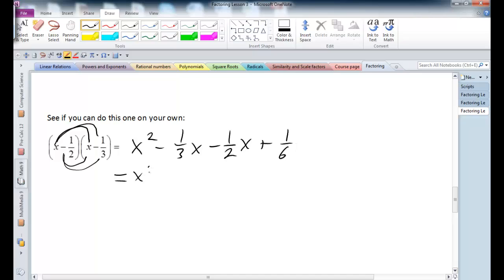We should collect like terms to get x squared minus 5/6 x plus 1/6. Again, the negative 5/6 is the sum of those two numbers, and the positive 1/6 is the product of them.